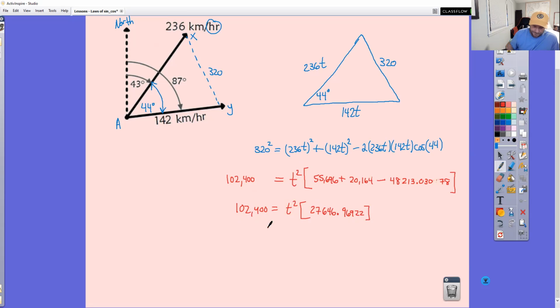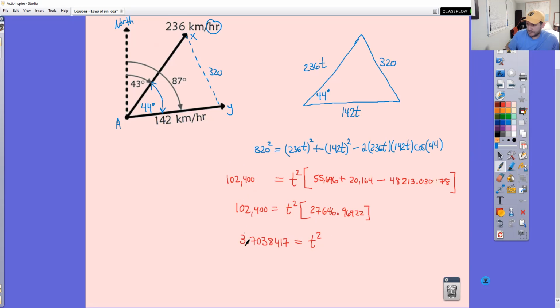You'll get some decimal, .703, .417. Again, whatever. This decimal goes on and on. But that equals t squared. So just take the square root now, and you're done.